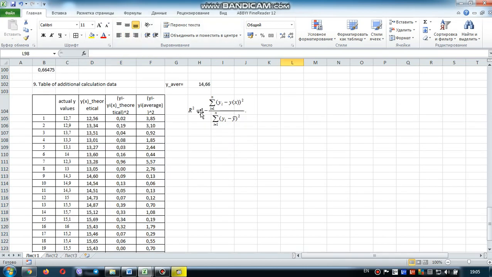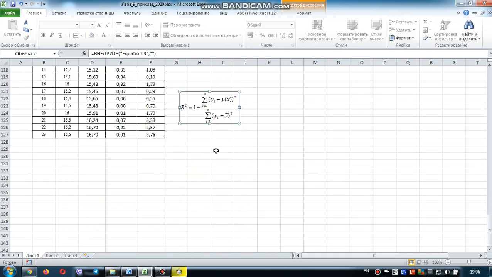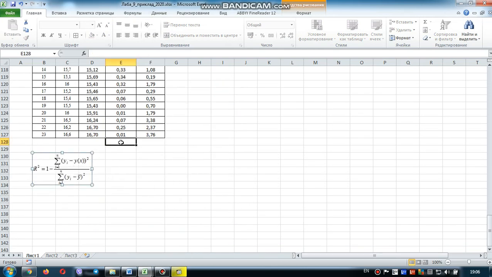Okay, so now we have everything to determine the r squared. So to calculate the r squared values, we have just to know the summary value of these values and summary value of these values.